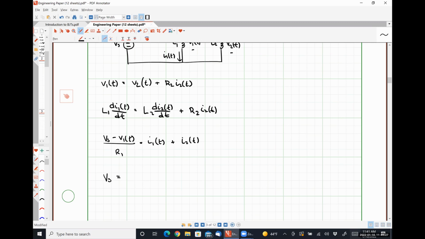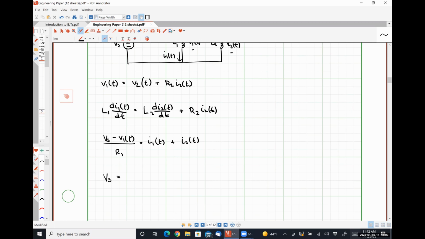Vs is going to be equal to V1 over R1, where V1 over R1 is L1 over R1 times the derivative of I1. I'm just moving this to the right-hand side of the equal sign and using the exact same relationship. We know that V1 is L1 times the derivative of I1, so we just need to multiply this by a factor of 1 over R1.